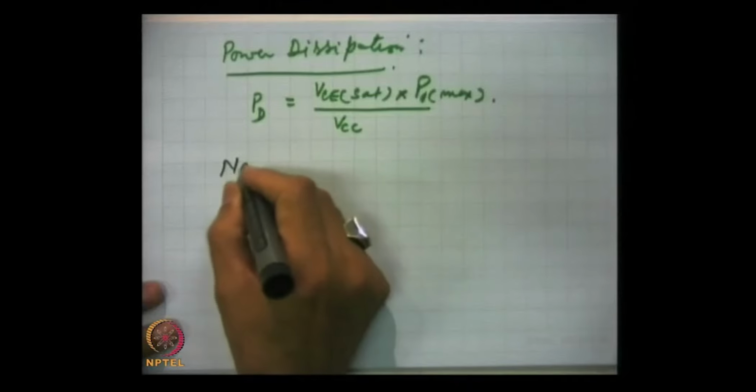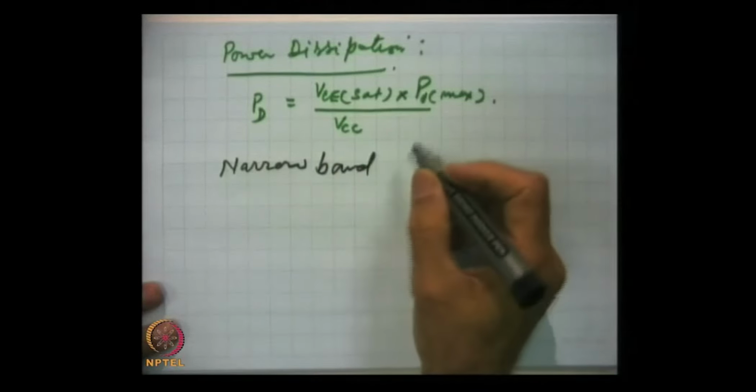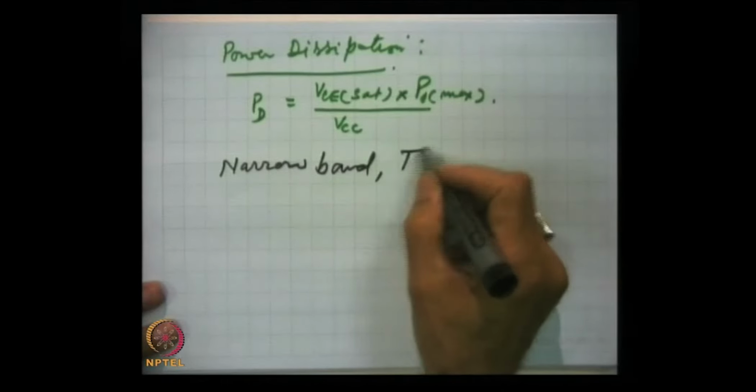So, the sinusoidal signal can be obtained by the use of a high Q resonant tank circuit, and that puts a limitation on class C operation, that class C amplifiers are narrow band tuned amplifiers.